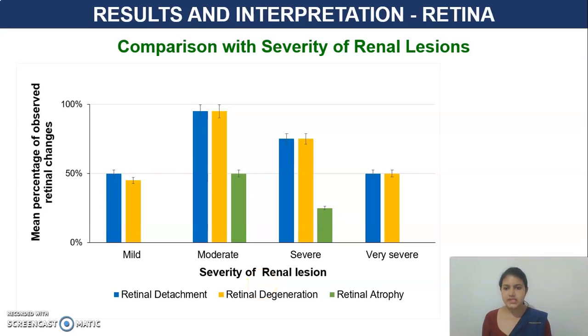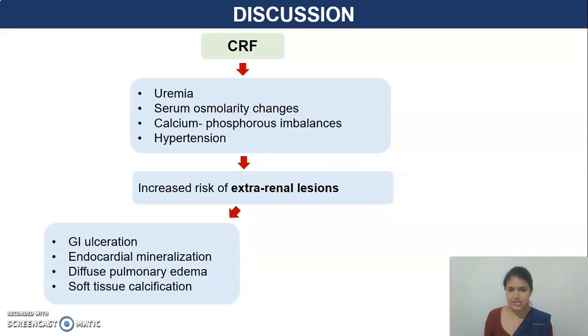So when we compare these lesions with renal pathology, retinal degeneration following retinal detachment was observed in all severities of renal pathology. But retinal atrophy was detected only in some cases with moderate and severe renal pathologies. And unlike choroidal lesions, retinal lesions have shown a variable progression along with renal pathology. As I mentioned earlier, chronic renal failure gives rise to many consequences that lead to multisystemic extrarenal lesions.